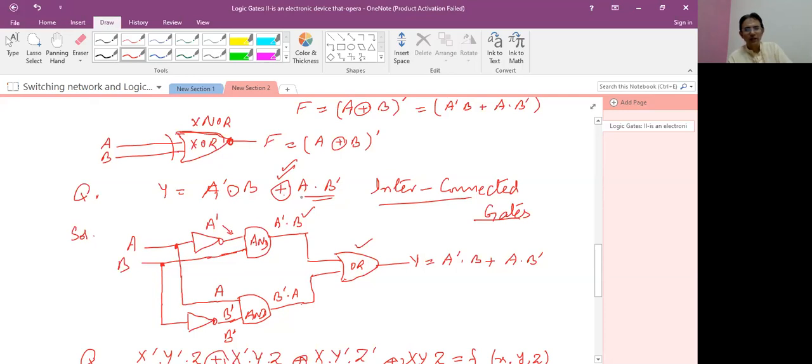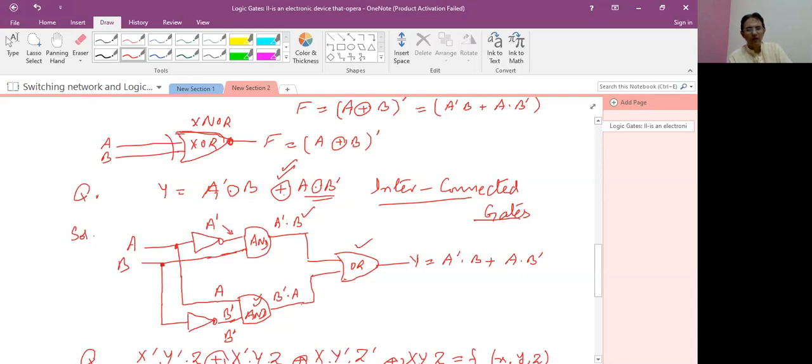Similarly, when we consider the right hand side, the second term, A is a simple gate, dot represents an AND gate, and B complement is represented here.